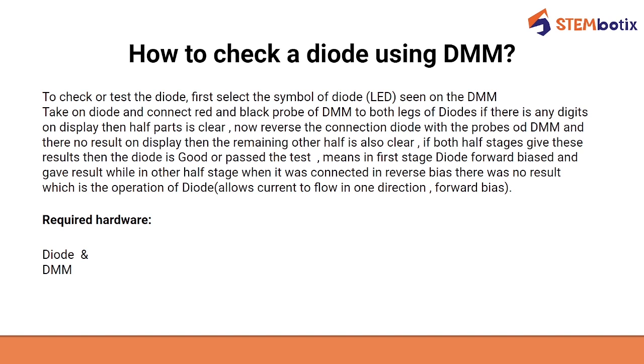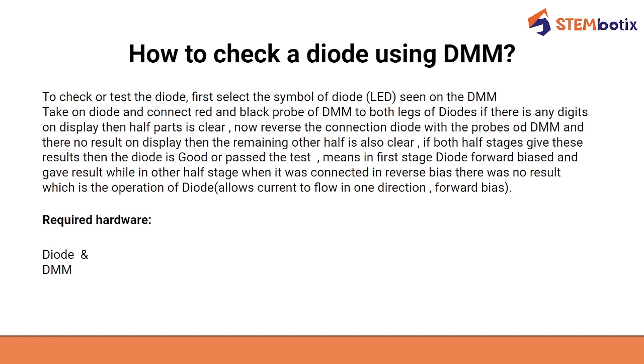If in the forward connection you get some result, and after reversing you get nothing or zero as output, then your diode is good, or has passed the test. In the first stage the diode was in forward bias and gave a result, while in reverse bias there was no result, which is the operation of a typical diode.